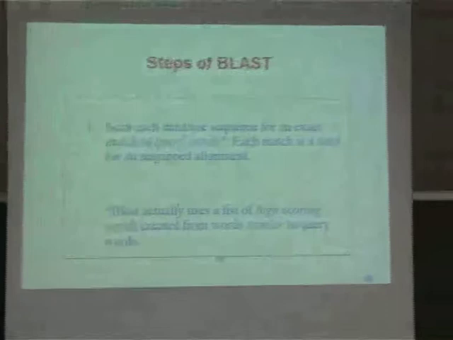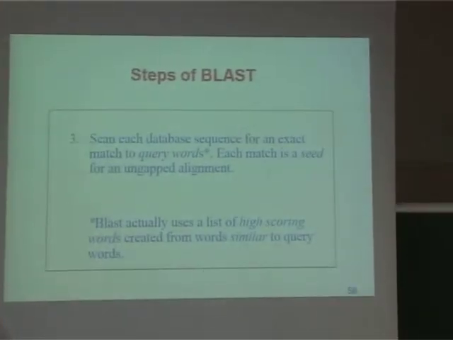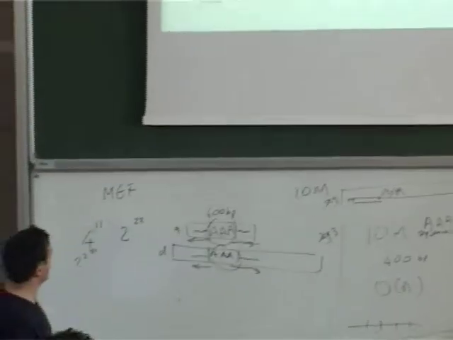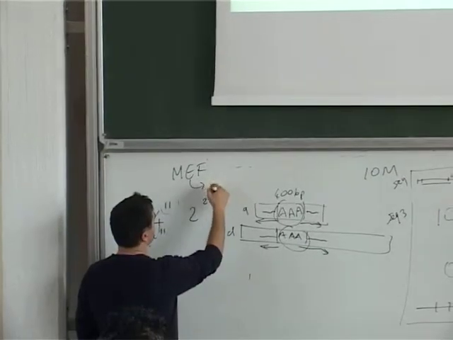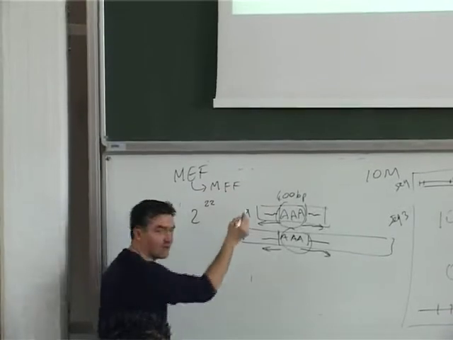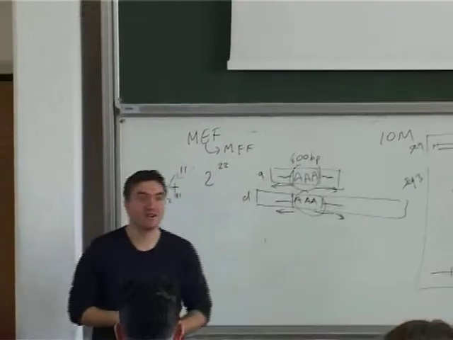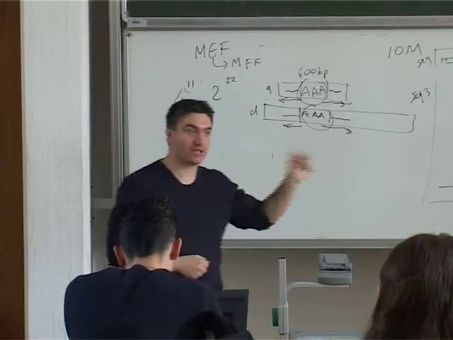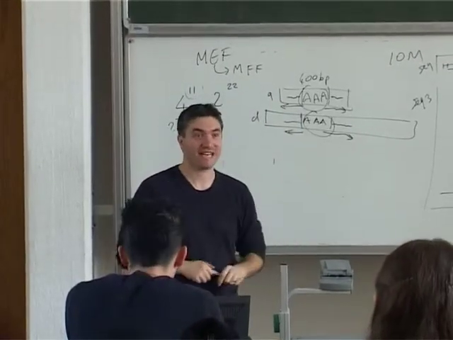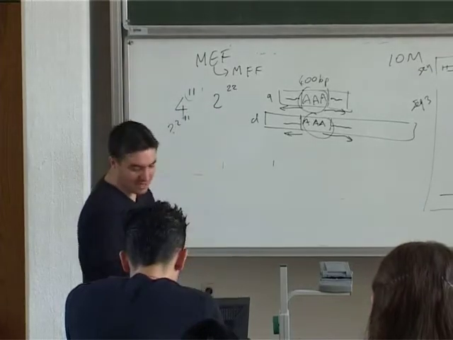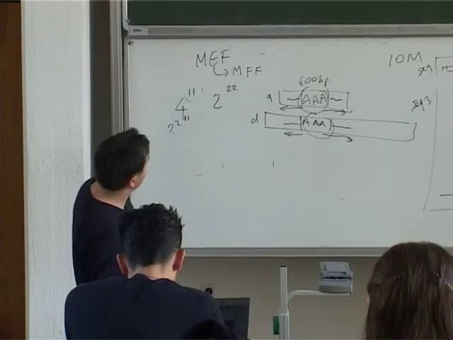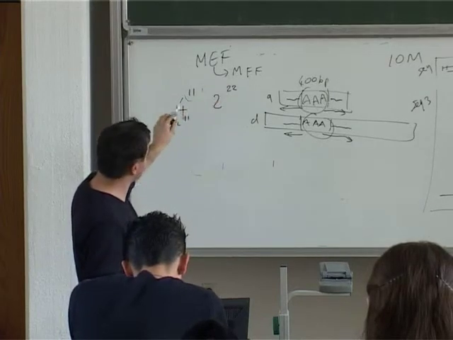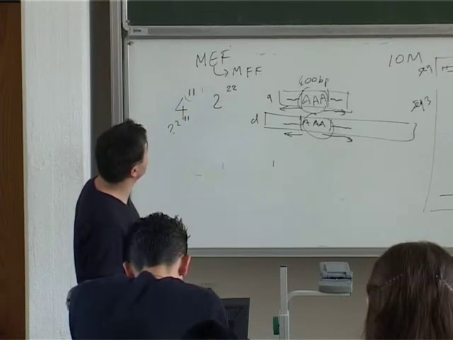For example, if I have MEF, the indexing search mechanism will also give me, for example, things like MFF. Okay, similar query words can also be found in the first step. Even if I don't have an exact match, I can find a high-scoring word by finding words similar, not exactly, to these query words.